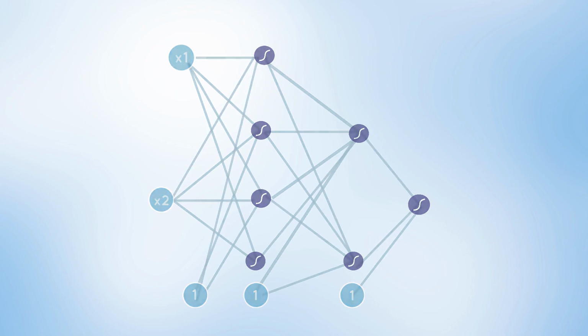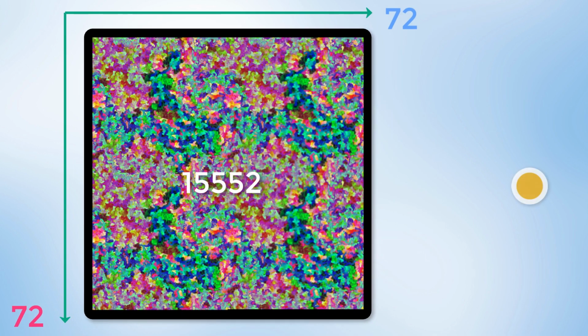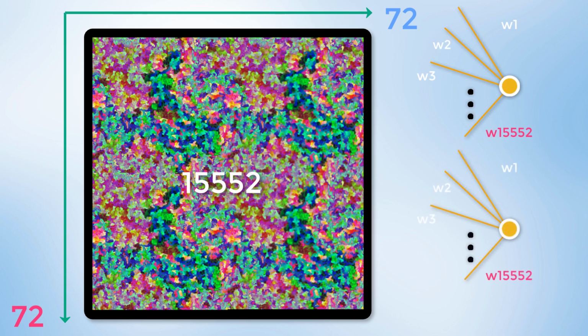Going back to our previous example, where we had an RGB image 72 by 72 corresponding to roughly 5,000 pixels, and again, since we're dealing with a 3-channel colored image, where each pixel corresponds to 3 pixel intensities, resulting in roughly 15,000 input nodes, each node in the hidden layer would contain roughly 15,000 weights. If we were to add even more nodes in the hidden layer, then there just wouldn't be sufficient computational power to run the neural network, since each node in that hidden layer is parameterized by roughly 15,000 weights.